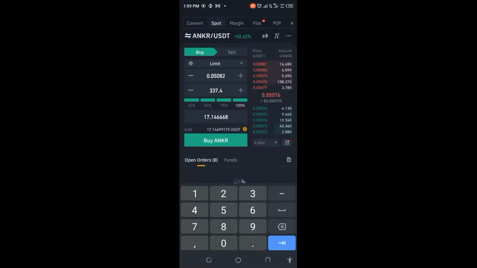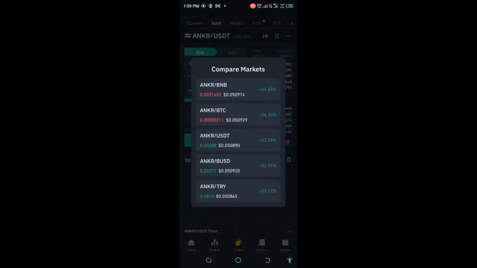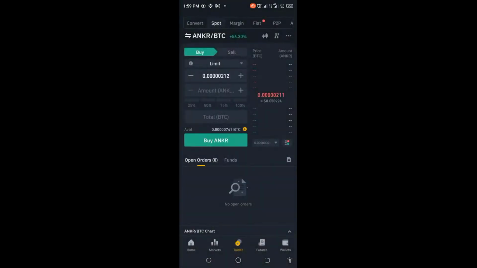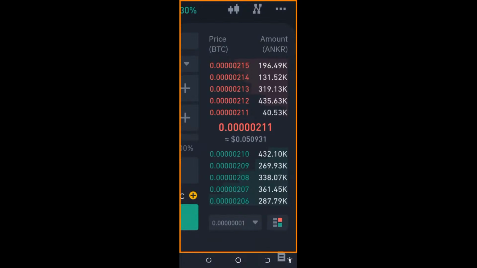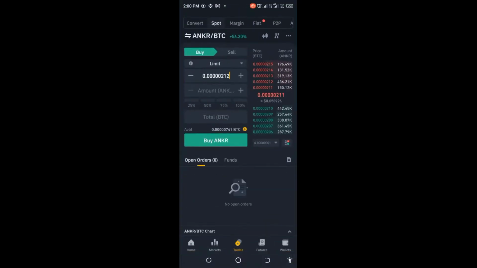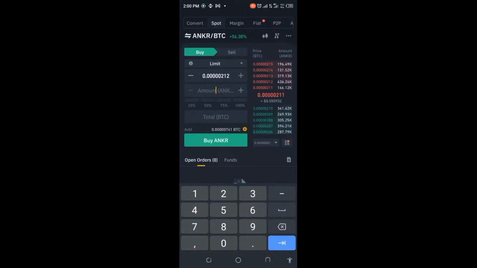Okay, so let me go sell that to the BTC market. I'm going to put that, let's see what it is here. Let's put that there, and we're just simulating for now. Okay, so of course, it did not recognize the decimal point, so we need to remove that.